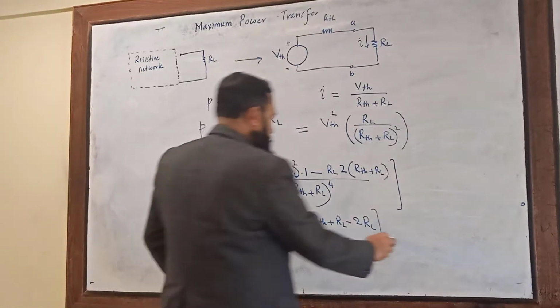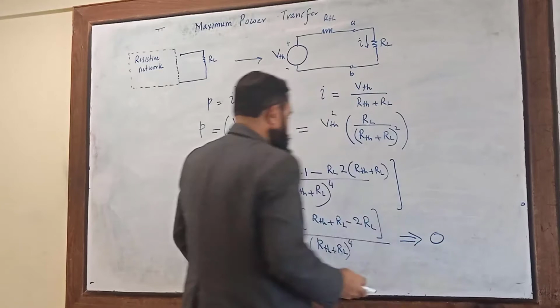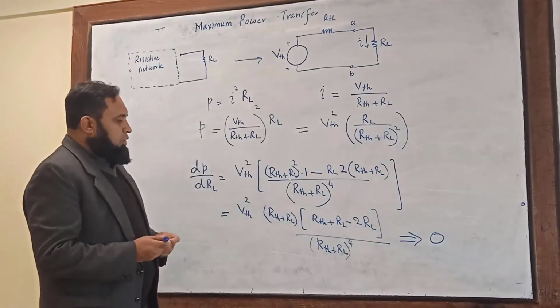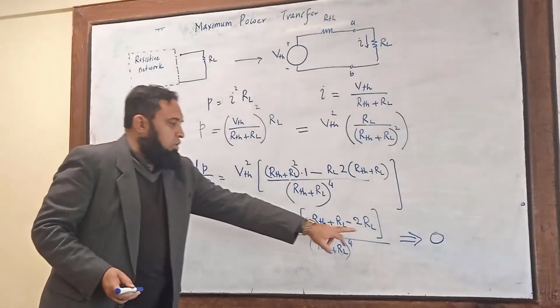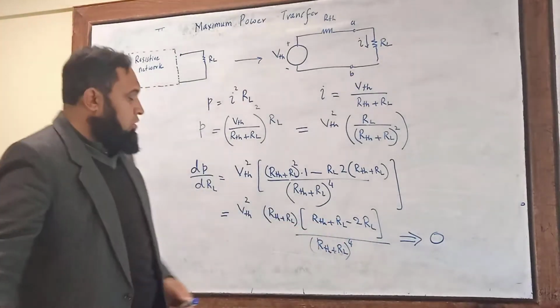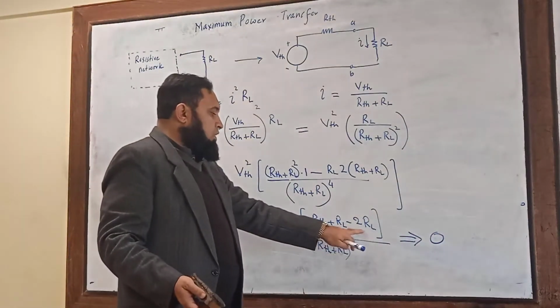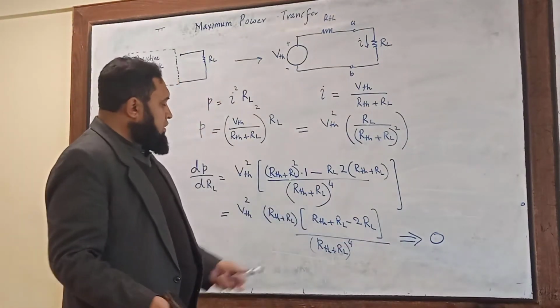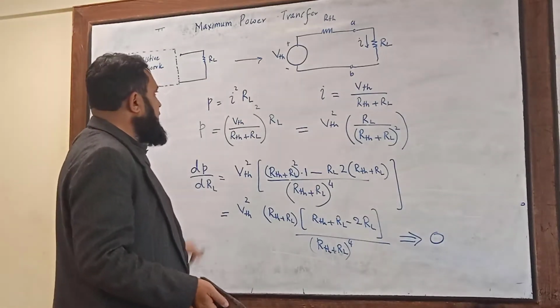Making this 0, this portion will go to 0, and you just have to substitute this as equal to 0. Then RTH plus RL minus 2RL equal to 0 will ensure that dP by dRL is equal to 0.